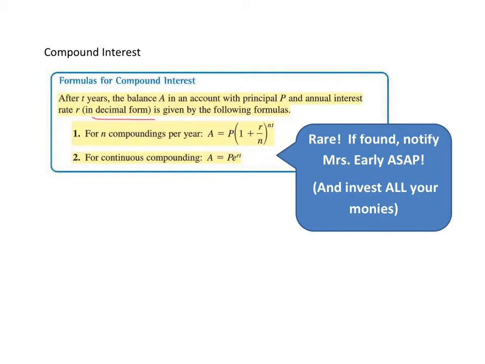If your account is continuously compounding, which is very rare, this is the other formula you use. It's rare to find this in real life, but it is good in case you're looking for a maximum: what's the maximum I can earn, no matter what account I put it in?